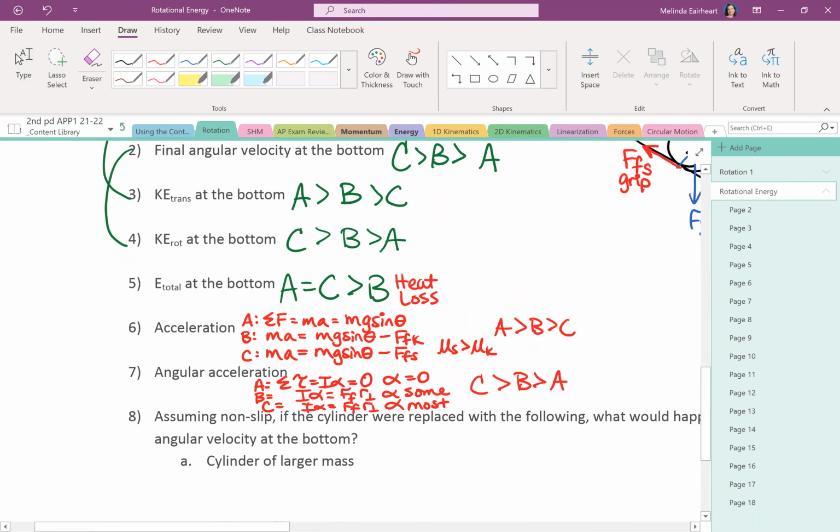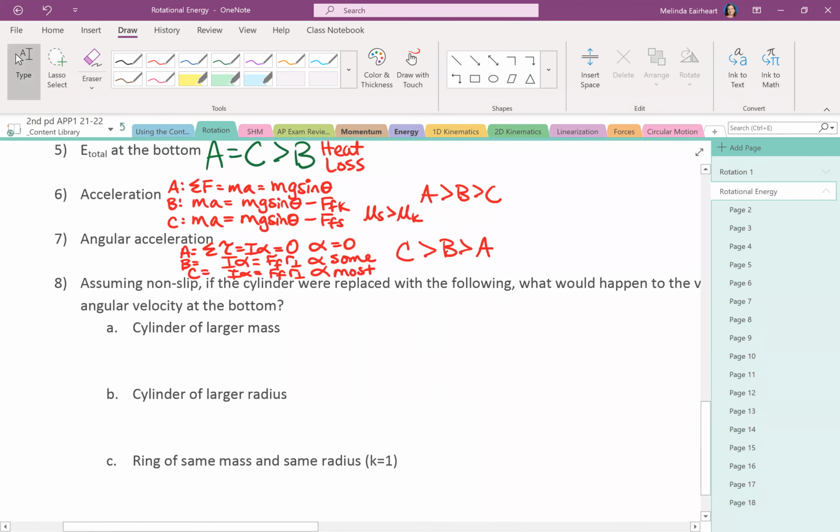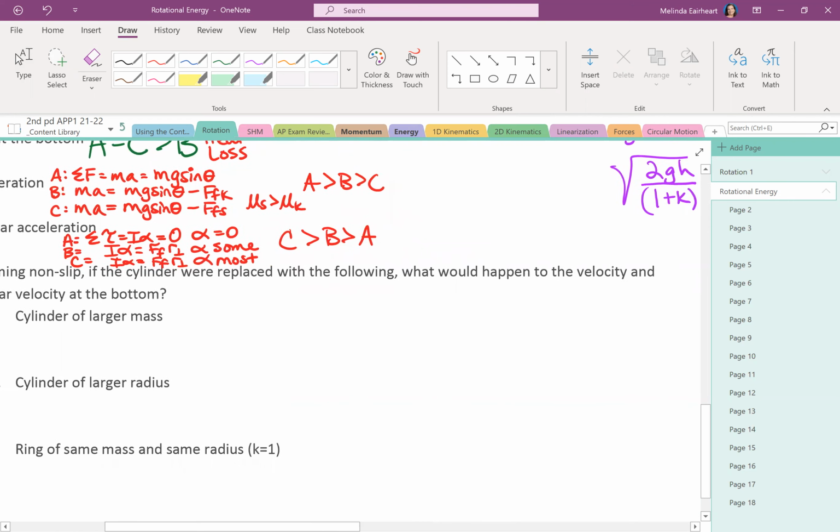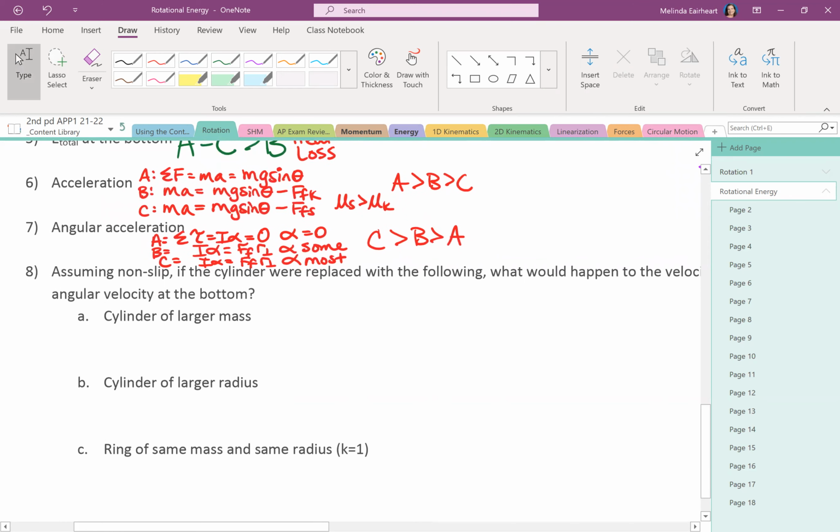Number 8 is going to have us focus just on that non-slip because that's what most of the time you'll be doing. If the cylinder were replaced with the following, what would happen to the linear velocity and the angular velocity at the bottom? So we're thinking just scenario C, non-slip.